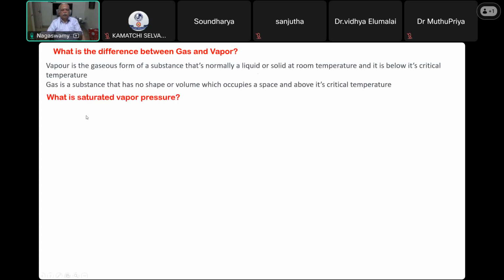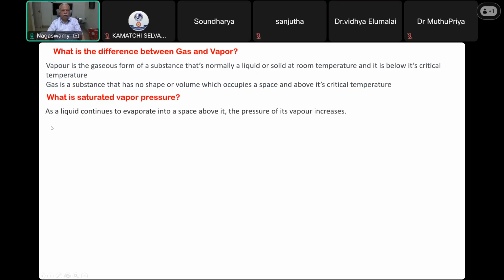Okay. So what is saturated vapor pressure? These are all fundamental terminologies which you have to know with regard to vaporizers. It is the pressure at which further vaporization will not happen. It is liquid to gas equilibrium. The vapor and the liquid are in equilibrium at that particular temperature.